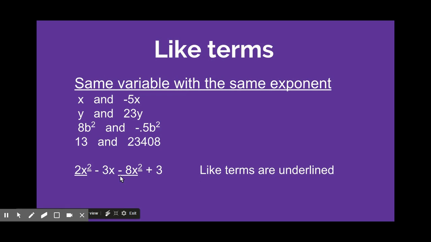We got these two right here, 2x squared, negative 8x squared. Again, that's like having Robertson. They're both Robertson, but this is Robinson. Think of your x's as your Robinsons. He's not from the same family, so negative 3x is not a like term. Same thing with this plus 3. That's another family. So make sure it has the same variable with the same exponent. Then you can combine them.